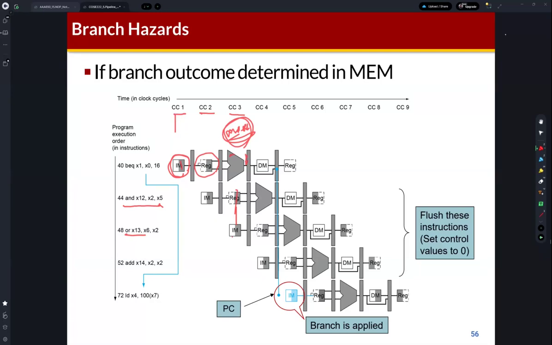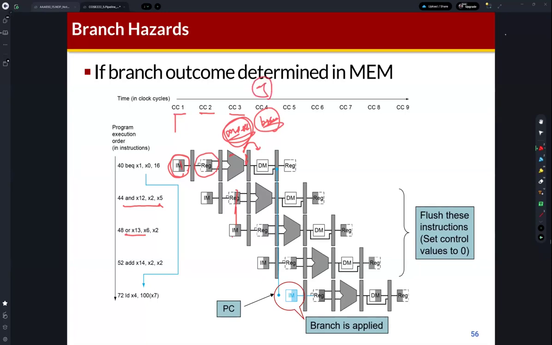So actually, this result is also propagated to the next stage. It's the memory stage, right? So the branch instruction is in the memory stage. Now finally we know the result of the branch instruction. Let us assume that this result is true. What does that mean?